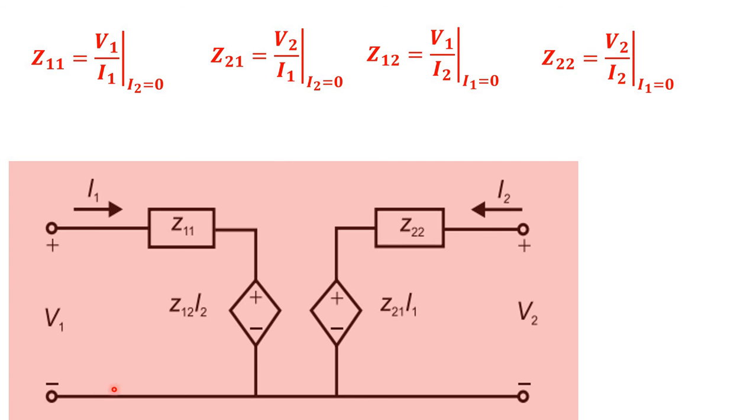In the same way as already drawn, connect V1 and V2 first, and Z11 corresponds to I1 for this port, and here Z12 shares the current I2, and Z21 I1, and Z22 into I2 is connected across the voltage V2. That's all. This is the impedance parameters in a two-port network.